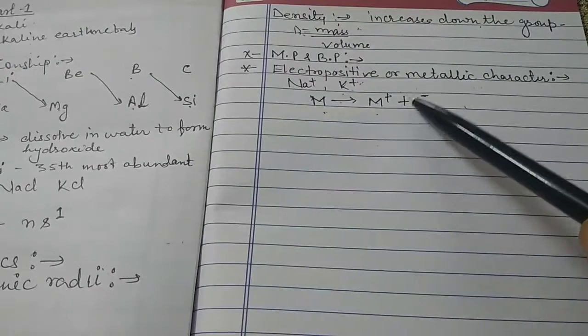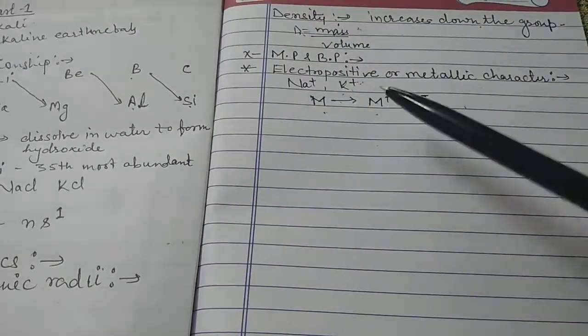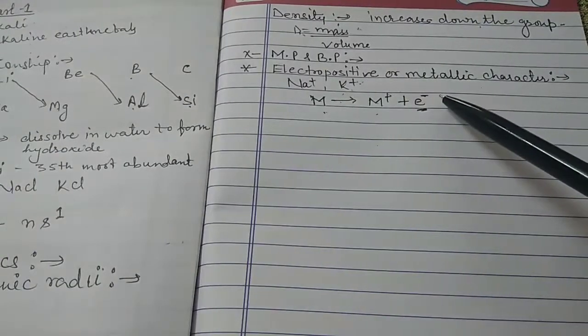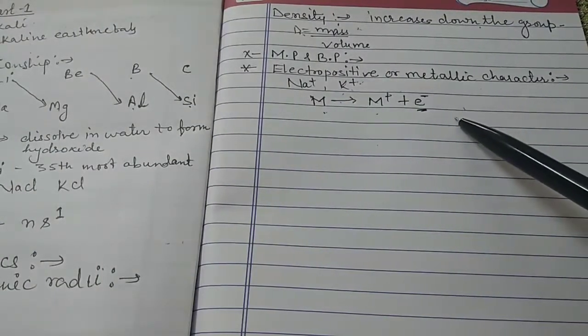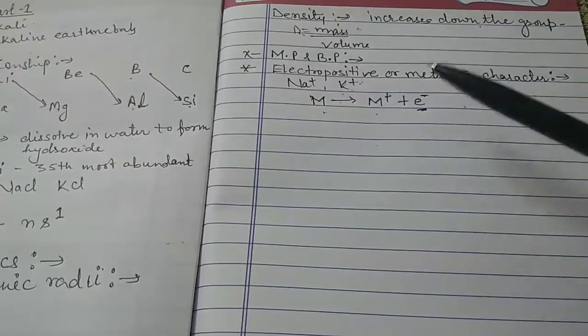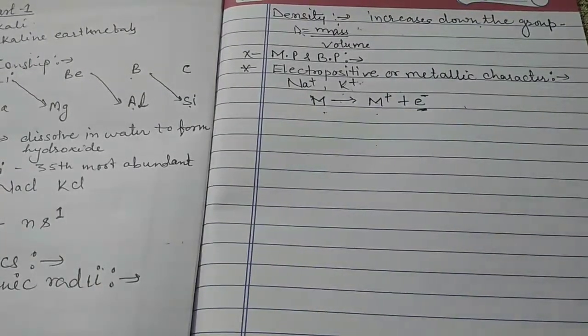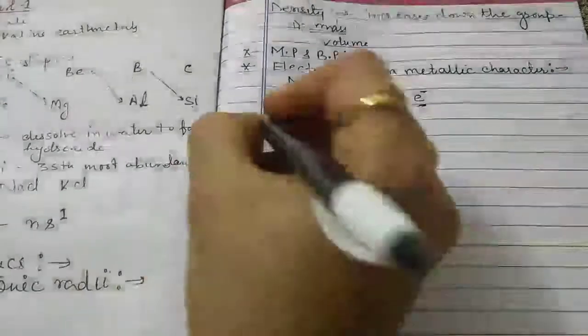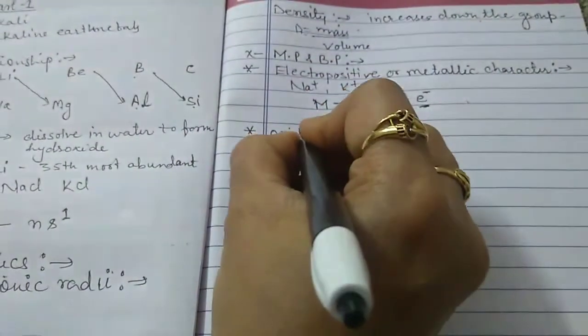Since the ionization energy decreases down the family, the electron releasing tendency or the electropositive character is expected to increase down the family, because the ionization enthalpy decreases, so the tendency to lose the electron also increases.